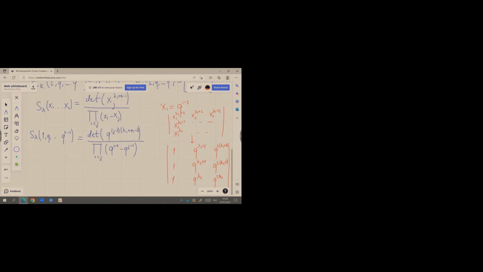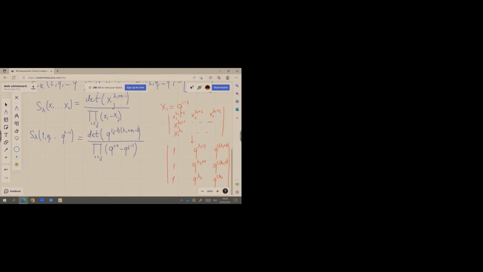So this one did not have any nice expression as a product. What about this one? Maybe it's Vandermonde. Okay, this is exactly Vandermonde. If you tilt your head a little bit, you'll see Vandermonde, which is transposed. And this is Vandermonde in these variables here, right?